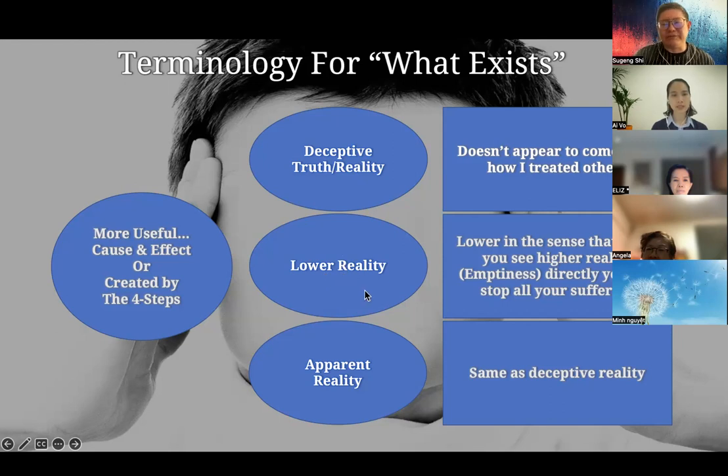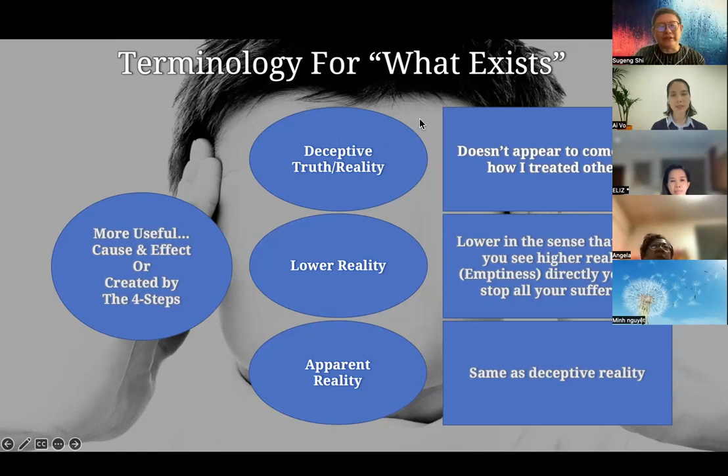We call it lower here because we say that you will see higher reality when you are in the direct perception of emptiness and when you can stop all your suffering.